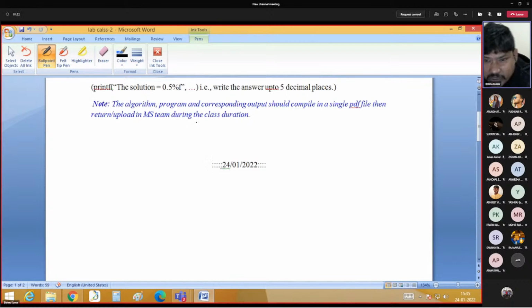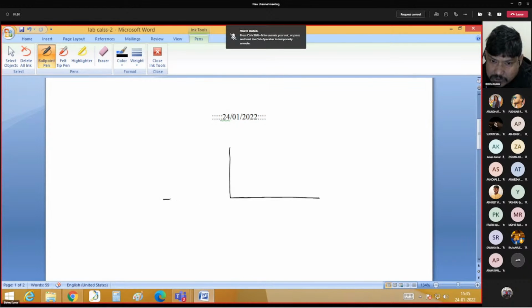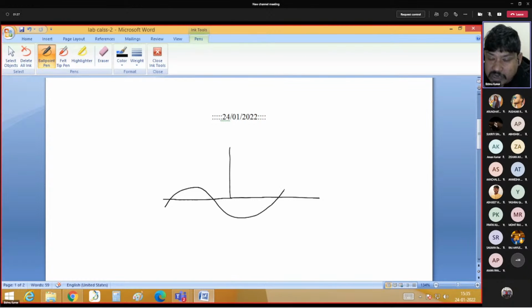Just for the time being, try to understand. I am drawing a graph that looks like this type of graph. That is a cubic equation, that is, y equals f(x), and f(x) equals 0 means the cubic equation. In that equation, it will have three roots. One is here, another is here, and another is here.